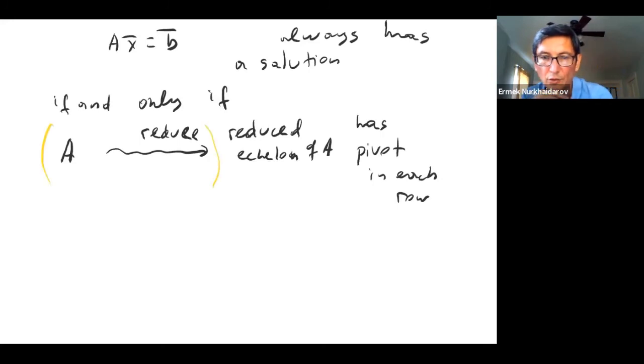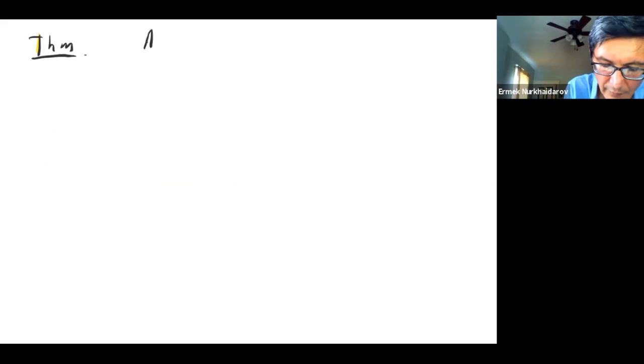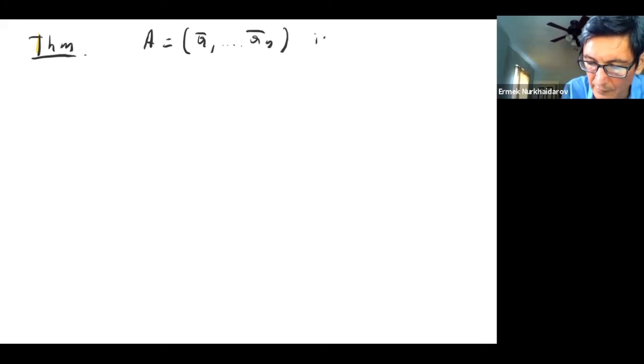So for the reduced echelon of A, we don't even need to refer to what b is. So A is A1 through AN, okay, an m by n matrix.